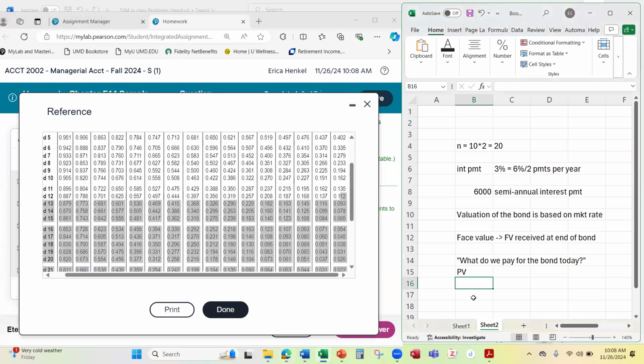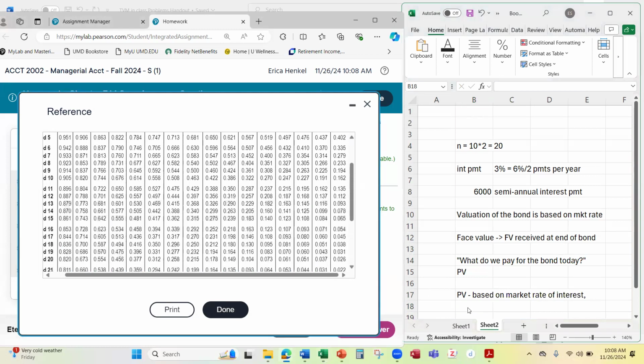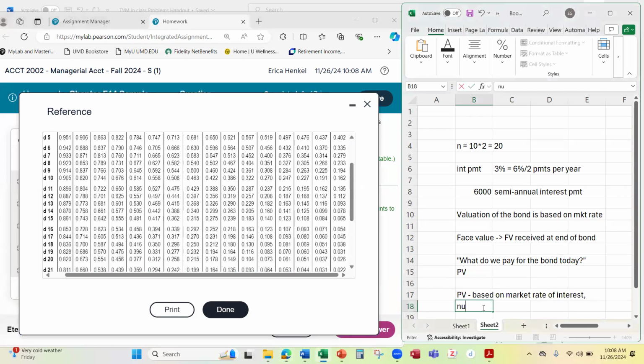So, present value, I'm just going to make a note here for you. Present value based on the market rate of interest, the number of periods, and the market rate of interest per period.